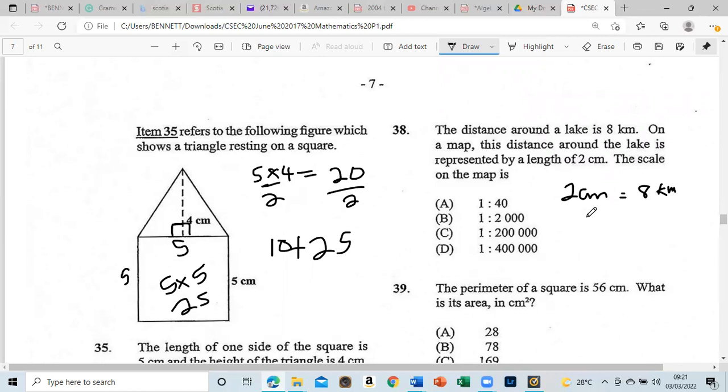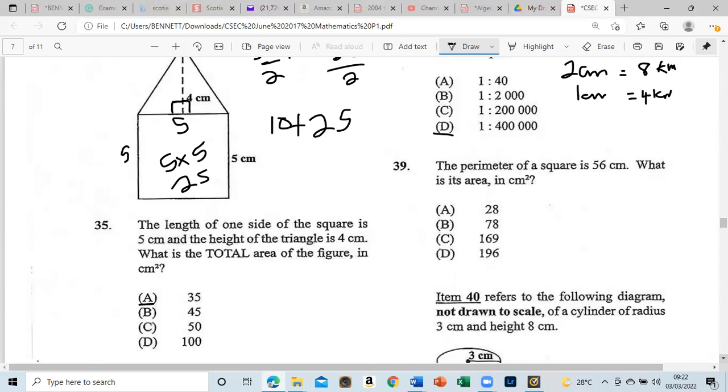So 1 centimeter represents 4 kilometers, as I divide by 2, so that would be 1 to 4. Alright, let's move on to 39.